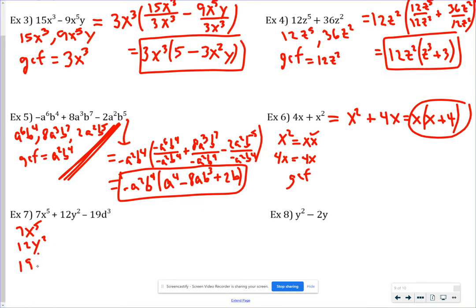So, because our coefficients don't have any common factors, and our variables are all different, we've got x's, y's, and d's, the GCF for this is a 1. And when the GCF is 1, we have nothing to factor out, so we're going to call this guy a prime. And we're done.